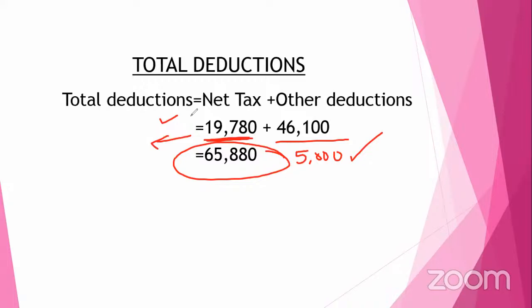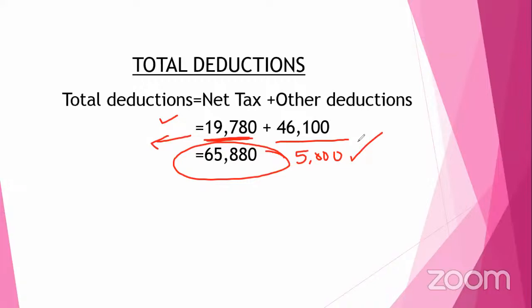I can see some questions. Somebody is asking, but teacher, there was a relief of 500, should we not consider it when calculating the deductions? But you see now, we are working a different question from what I gave there. I'm trying to include other things that were not captured in this question.